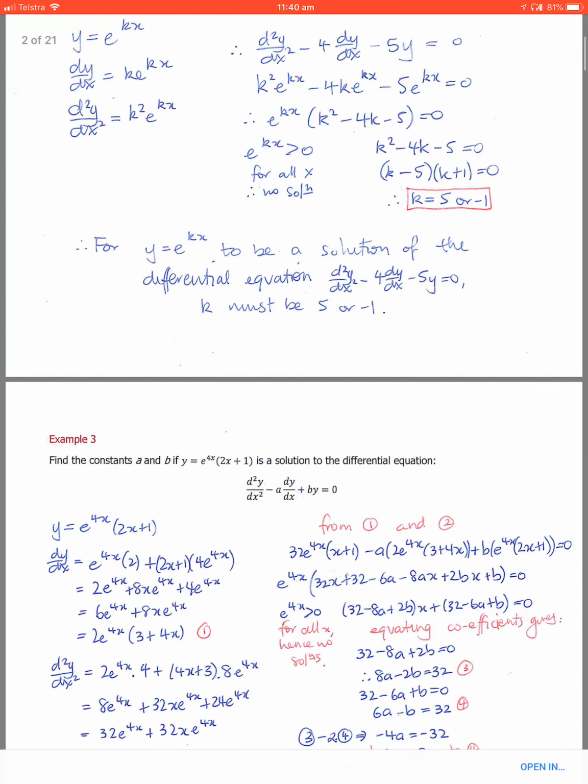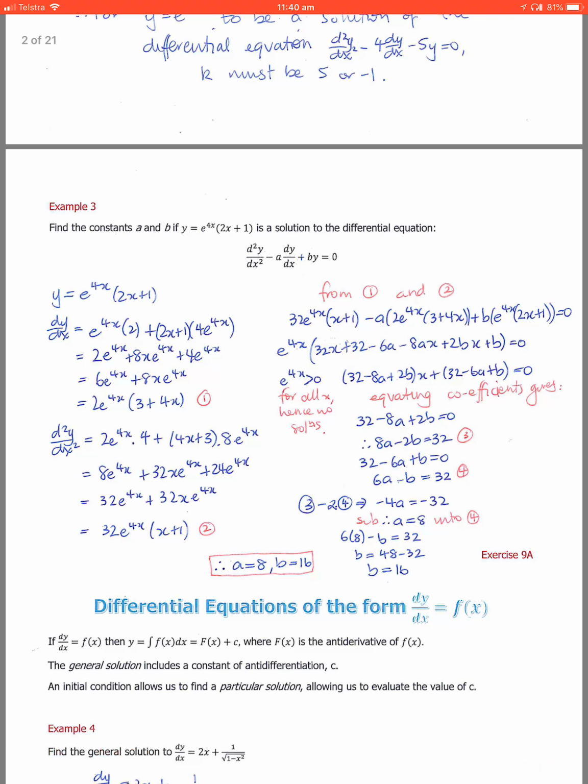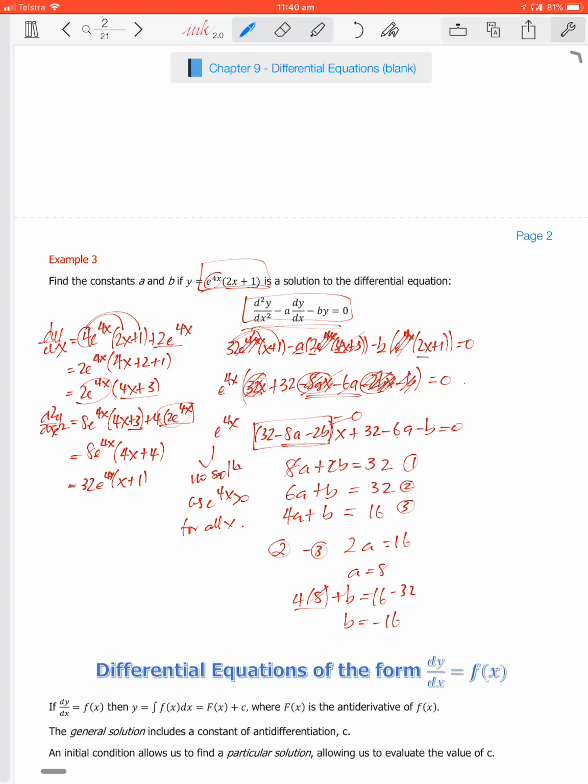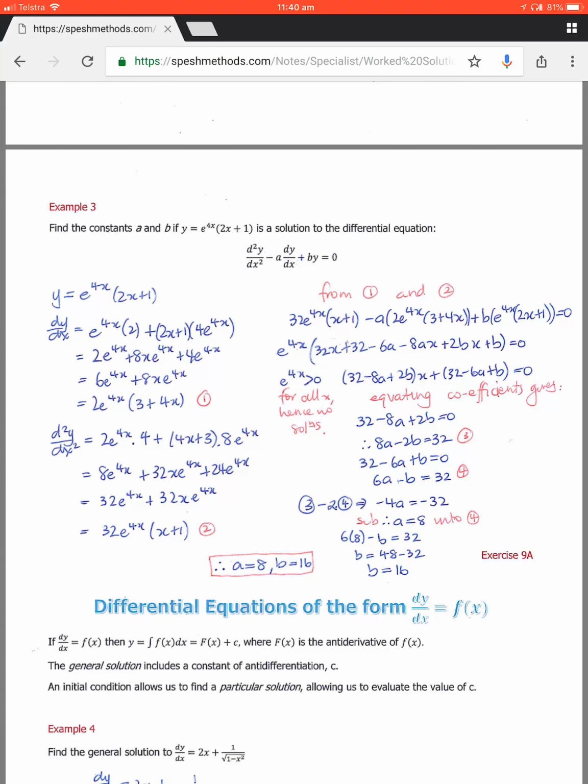Okay, 5, negative 1. So a equals 8, b. Did I forget to subtract? 8a plus 2b equals 32.